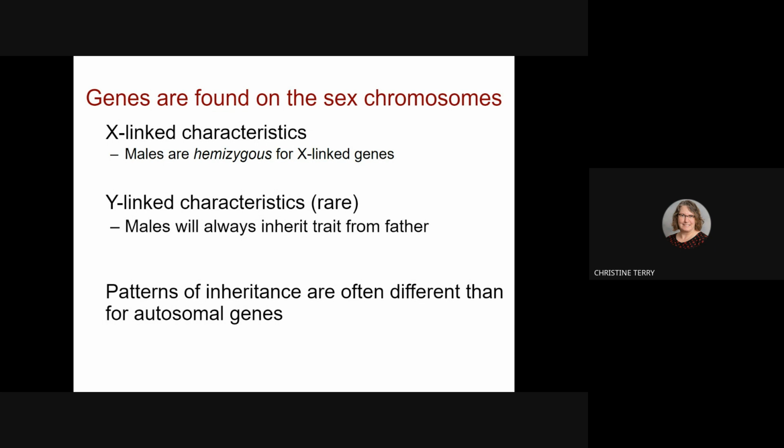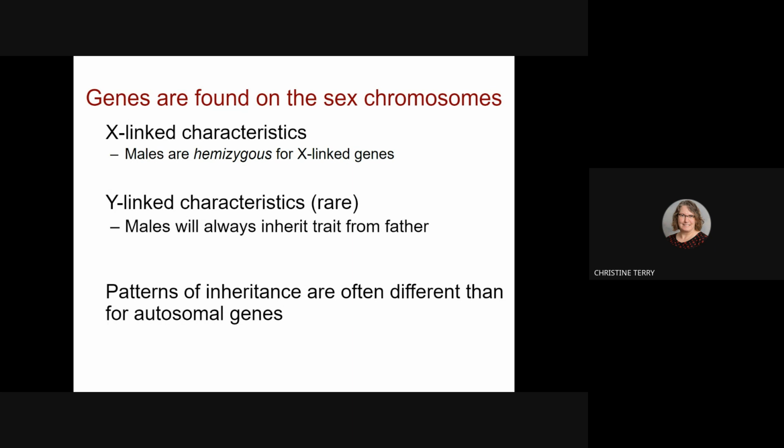A male only needs 1, right? Because he's only got 1 X chromosome. And so we can't say that the male is heterozygous or homozygous for that allele, because hetero means different and homo means same, and if we're talking about things being different or the same, we're talking about more than one. And there's only one. So we use the term hemizygous.